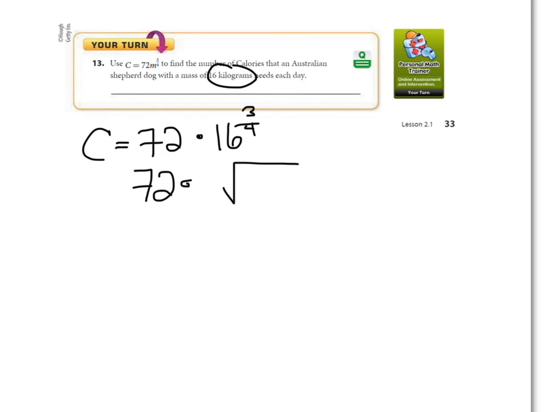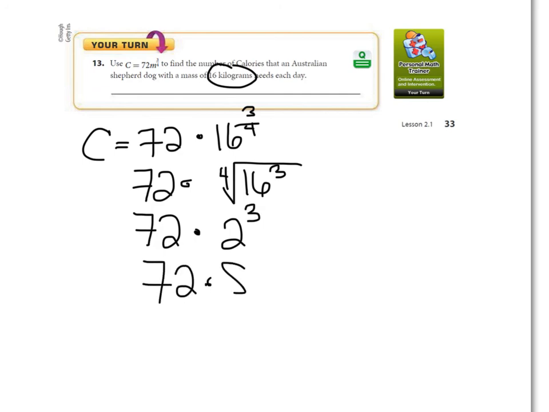So the 16 goes inside a radical, 3 goes with it, 4 goes on the outside. The fourth root of 16, you should have gotten 2, and then we're going to cube it. So we have 72 times 8. 72 times 8 means 576 calories.